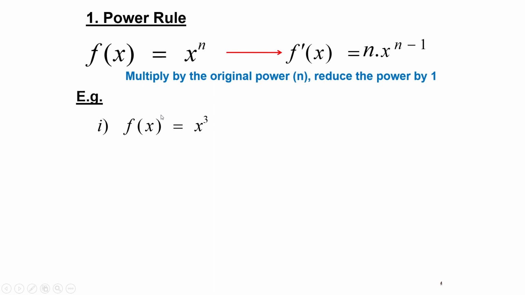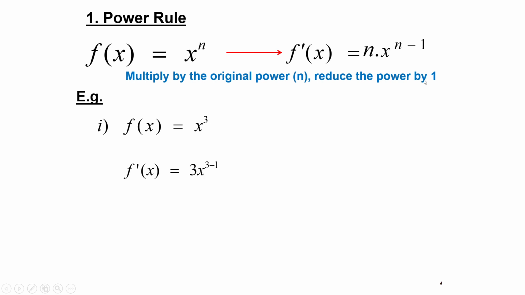For example, you have a function f of x is equal to x cube. How are you going to differentiate this? We are going to differentiate using power rule. How does power rule work? This is how it's going to work. We say f dash of x is equal to 3 comes in front, 3 gets multiplied in front, the x variable is there, and the power is reduced by 1.